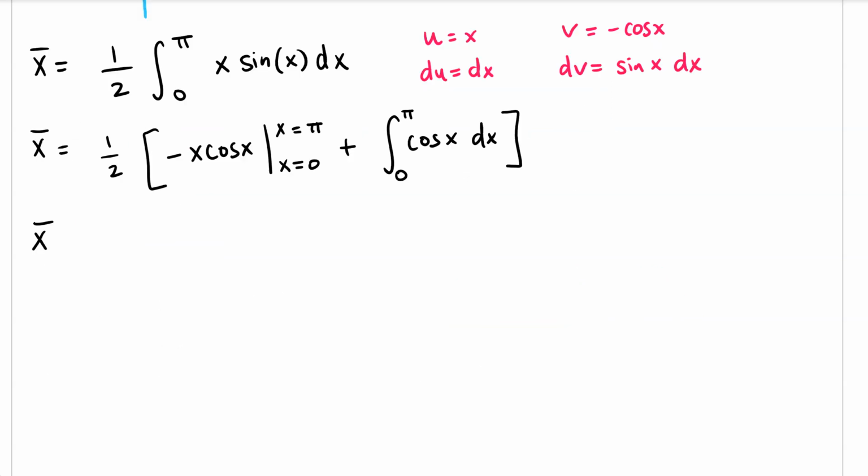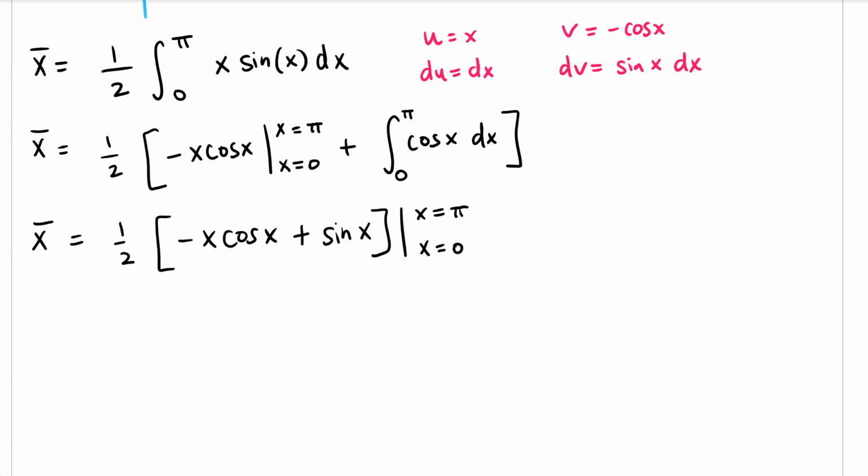All right, so x bar is equal to 1/2 times negative x times cosine of x, and then we'll integrate cosine of x. That gives us sine of x, and we're evaluating this entire expression from x equals 0 to x equals pi. Now, remember, we're expecting our answer to be pi over 2, so hopefully we are doing things correctly here.